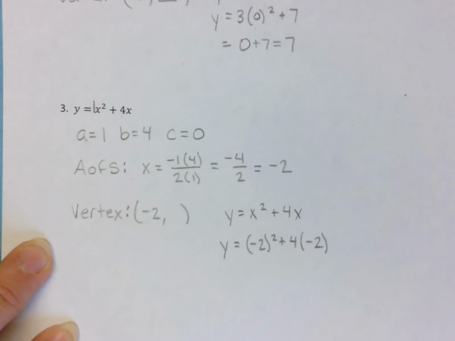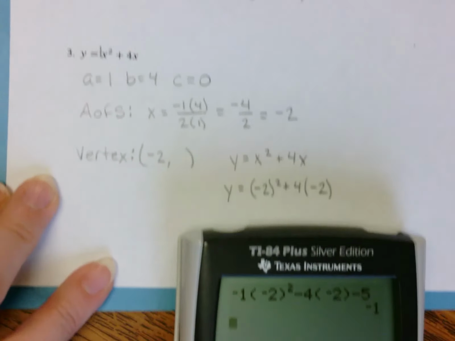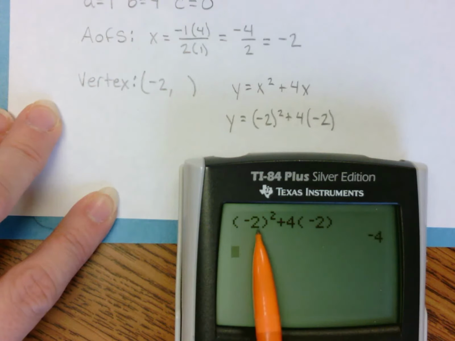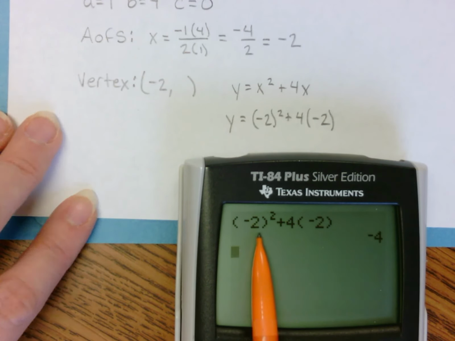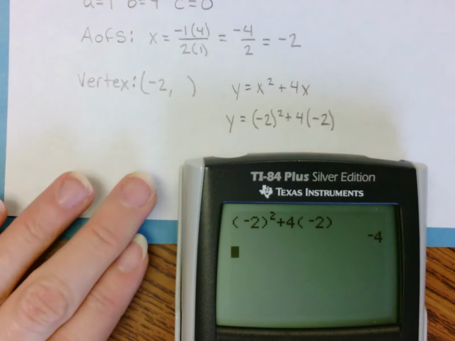If using a calculator, be sure to punch in everything exactly as you see it. If you do not correctly put -2 in parentheses, it will cause your answer to come out incorrect. Our y value is -4.